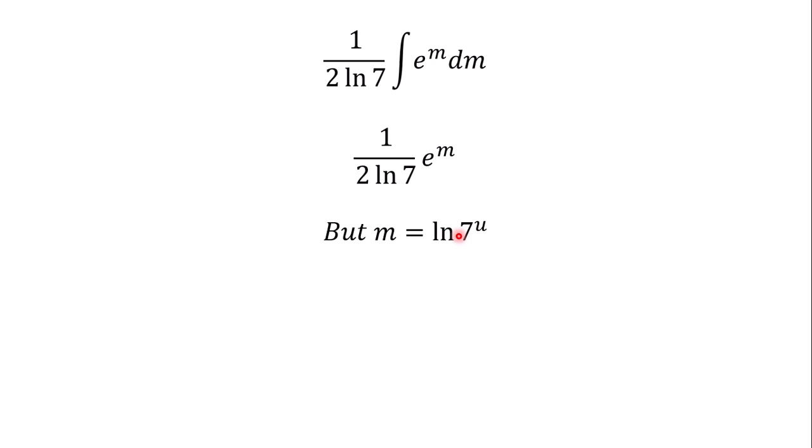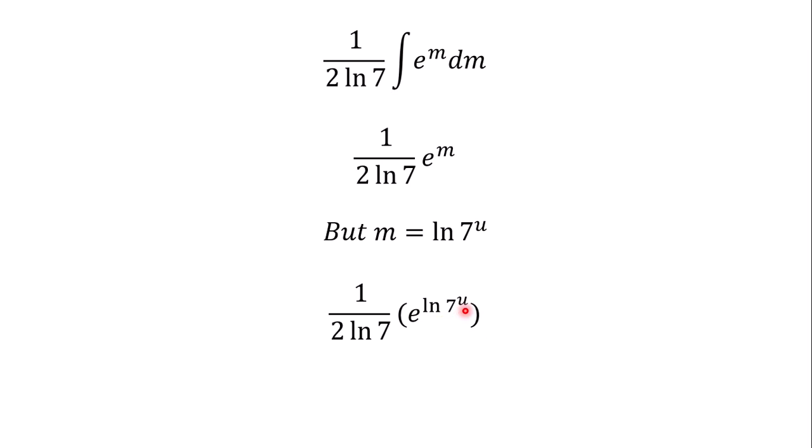So when you replace m with this, we are going to get 1 over 2 ln 7 bracket open e raised to the power ln 7u.